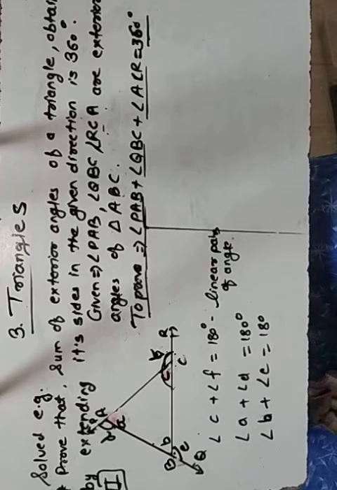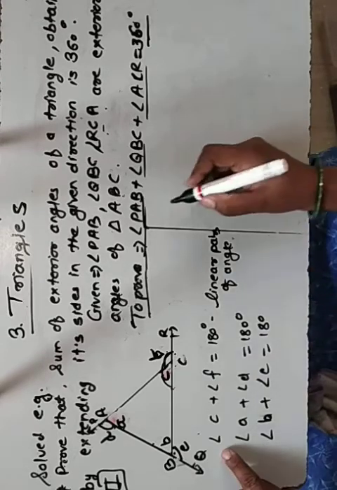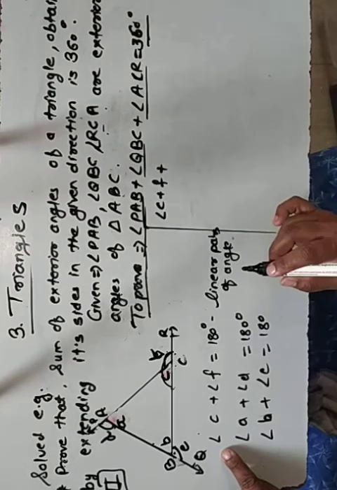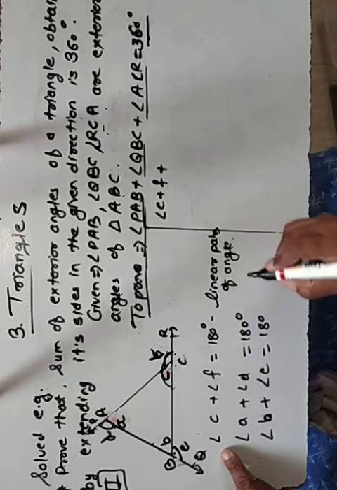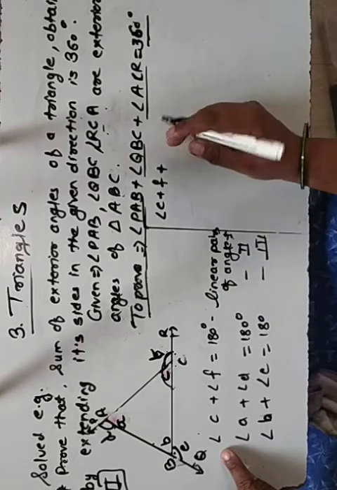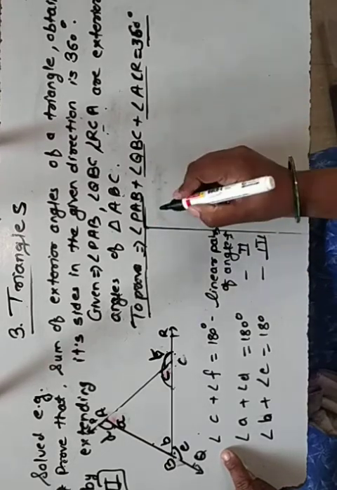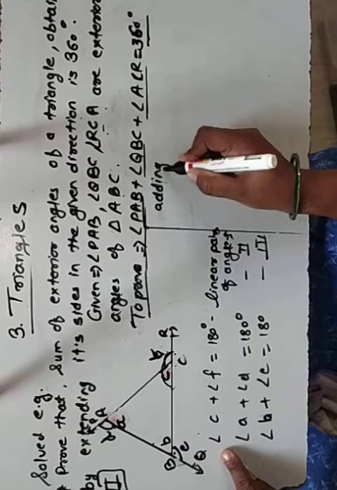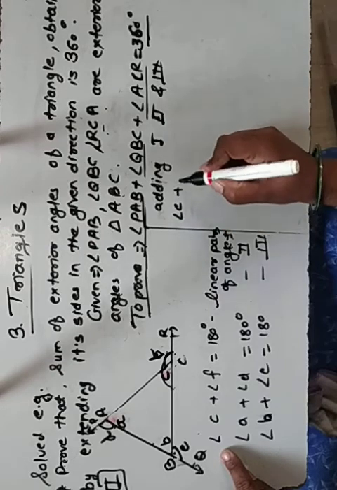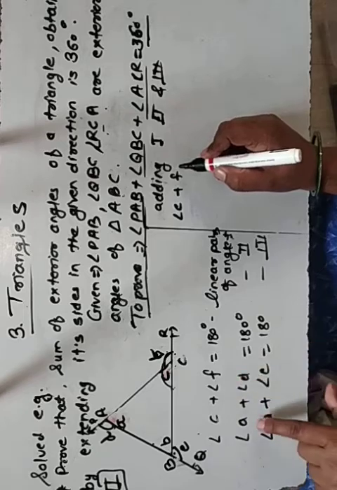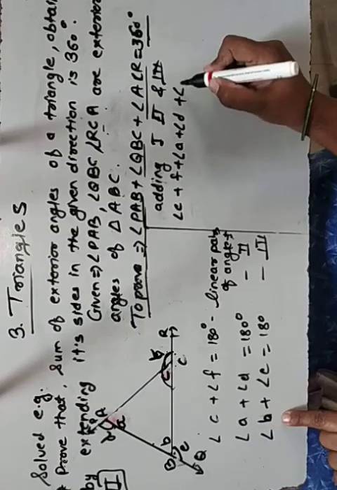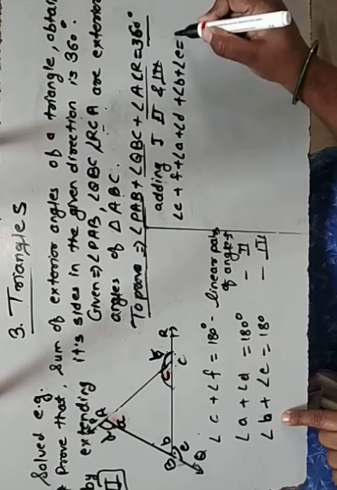Now what will I do? I will add all of these. So adding 1, 2 and 3, here I will get angle C plus angle F, then plus angle A plus angle D, plus angle B plus angle E, is equal to how much?